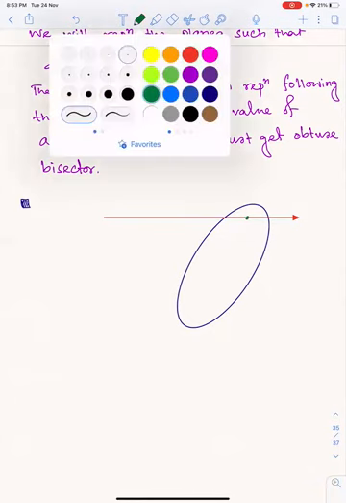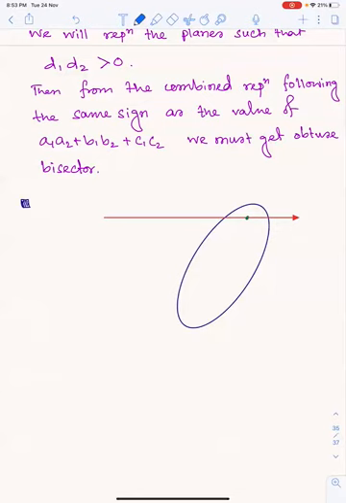And we are given another point. The coordinate of this point is given. Say the name of the point is A.